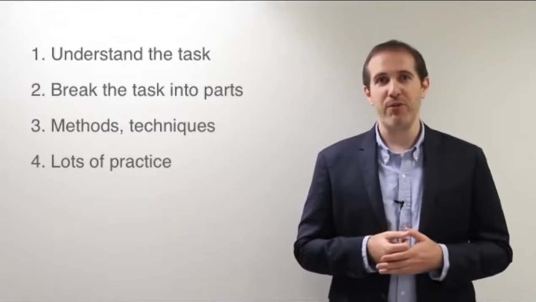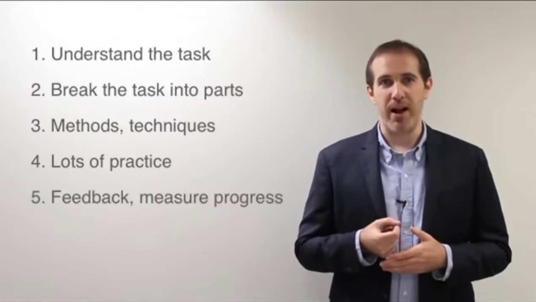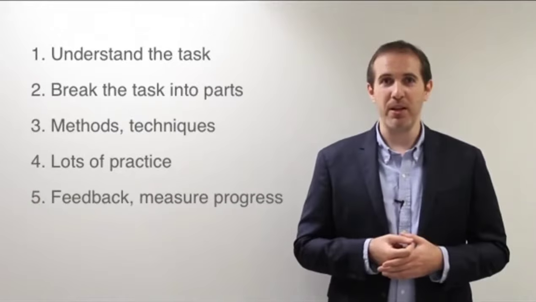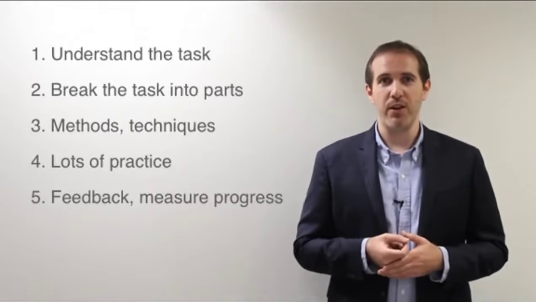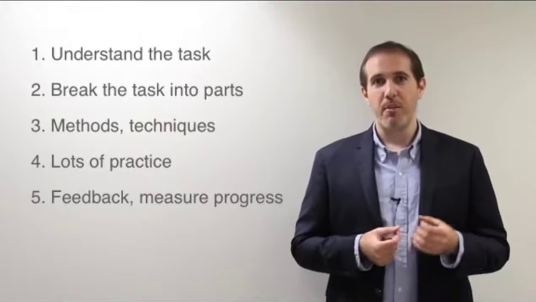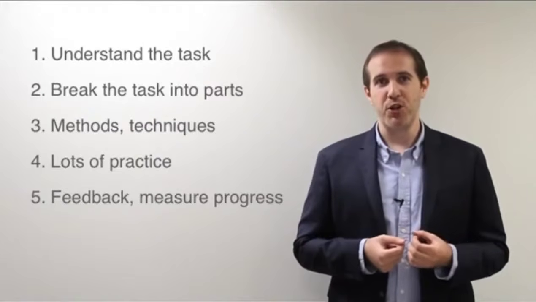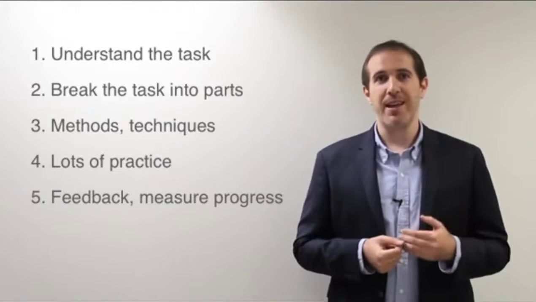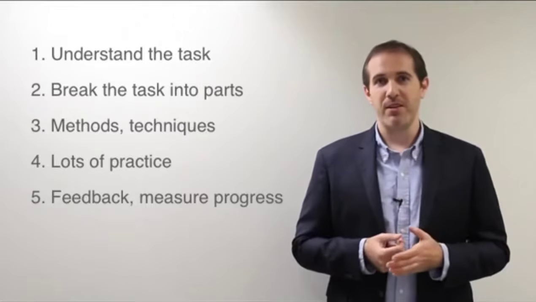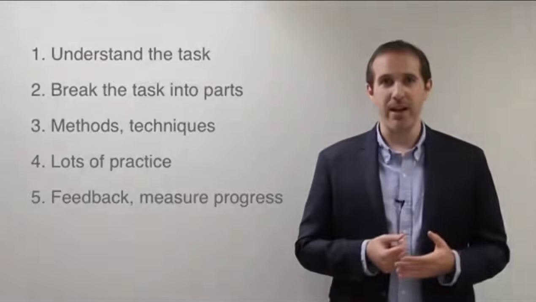And finally, the fifth step is to get some feedback, which means in the case of writing task 2, you probably need someone to check your work, give you feedback on what you're doing right, what you're doing wrong. By getting that feedback, you can measure your progress and keep practicing in a more efficient way. So those are the 5 steps that I would consider to be training.